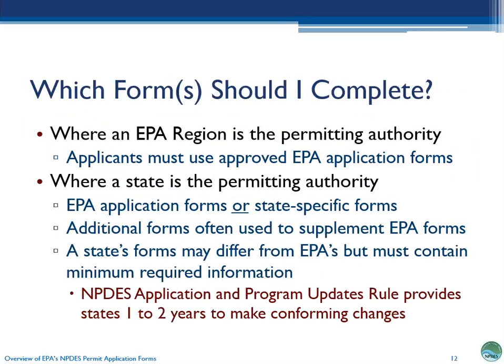Where a state uses their own forms, the forms must still meet the minimum application requirements specified in 40 CFR section 122.21. The final NPDES application and program updates rule provides states with up to 1 year to make conforming programmatic and regulatory changes, and up to 2 years if statutory changes are needed.